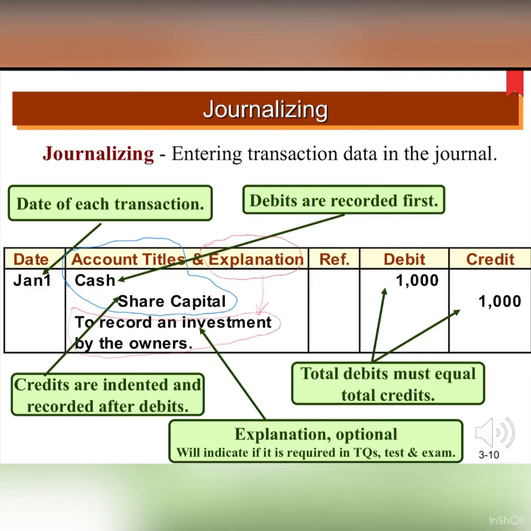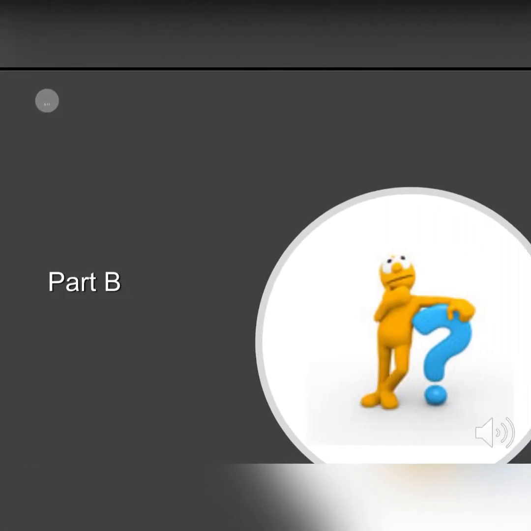For example, for cash you might see 101, 201, 301. It's just a name for the cash to locate it in the ledger for simplicity. Okay, so we have done part A within a few minutes. Let's dive into the questions to learn more about the journal.